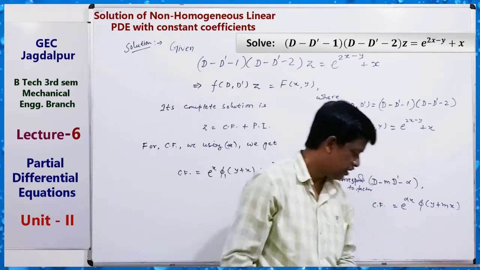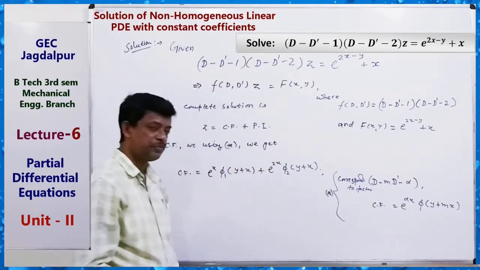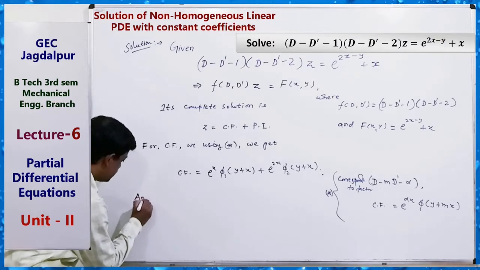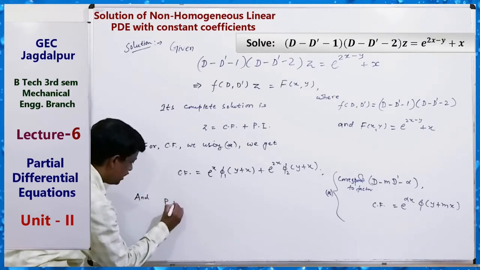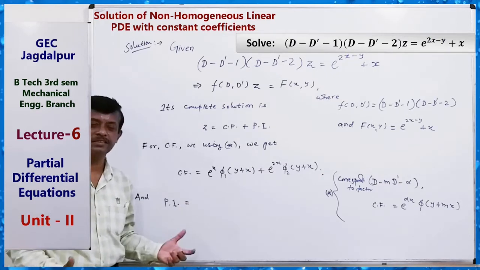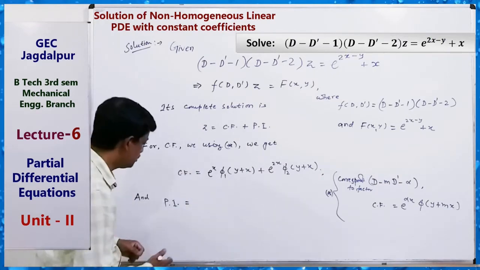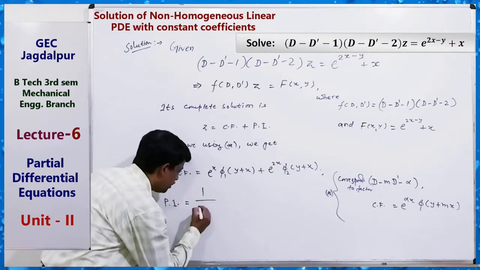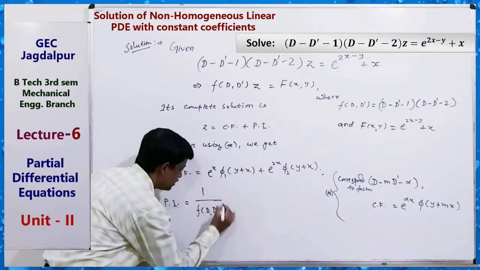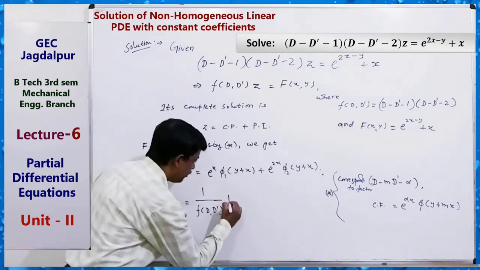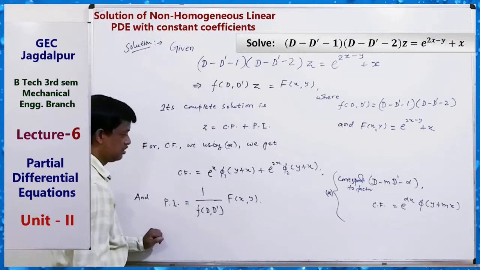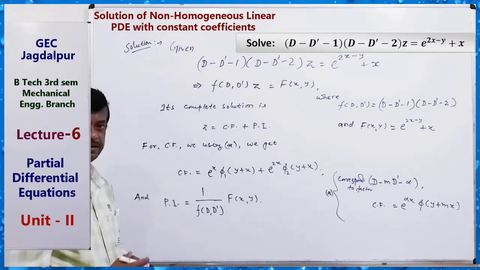Okay. Now we have to find PI, and the method of finding PI is the same as for a homogeneous equation. So PI equals to what? 1 upon f(D, D') of f(x, y). Now we have to solve it.